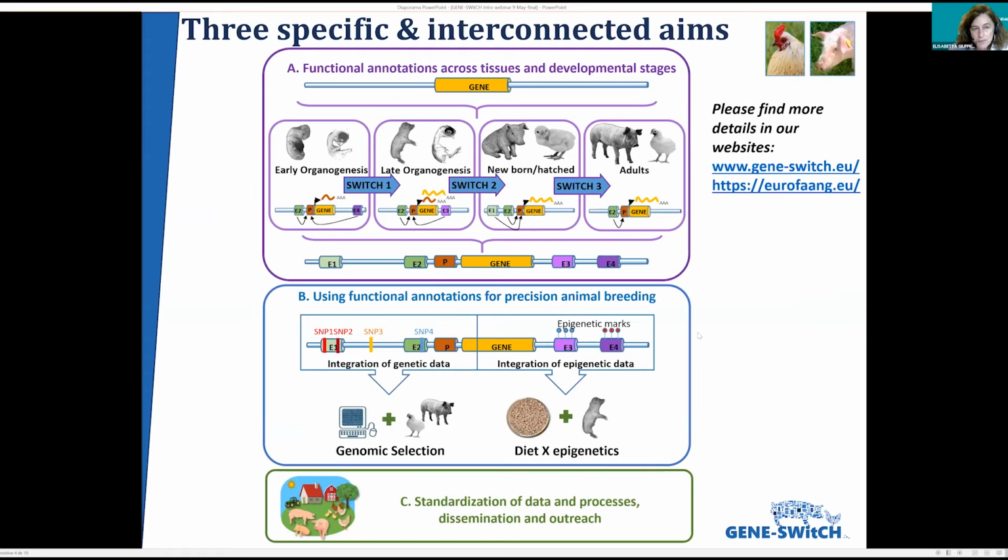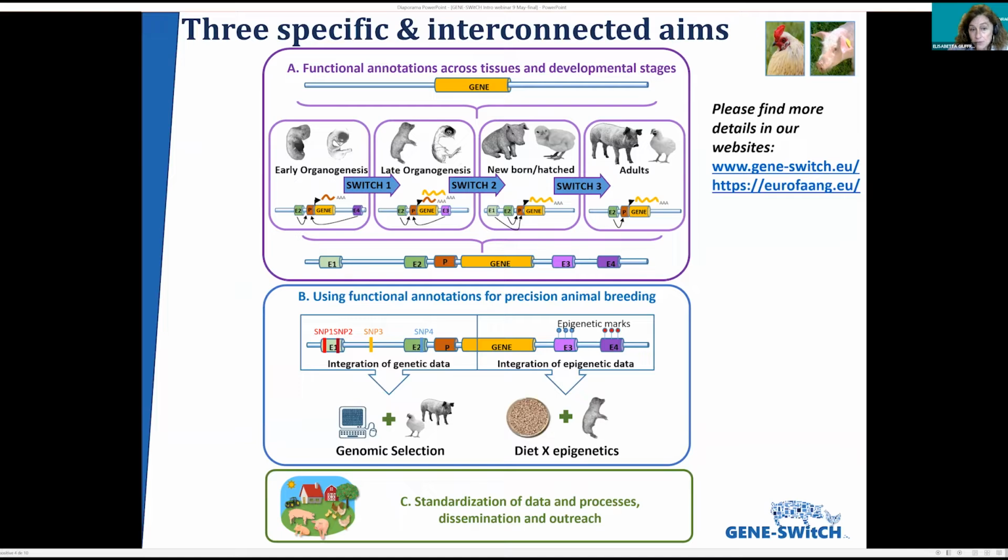GeneSwitch is made of 3 specific and interconnected aims, A, B, and C. The slide is pretty complex, but I invite you to go to see more details on our website. I will go very briefly on each of them. A is functional annotations across tissues and developmental stages for both species, spanning early organogenesis, late organogenesis, newborn animals, and adults, through existing data mainly.